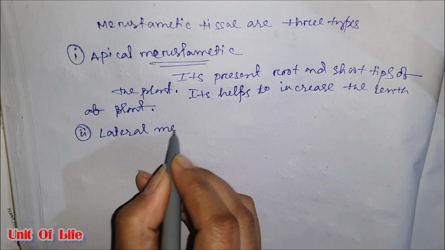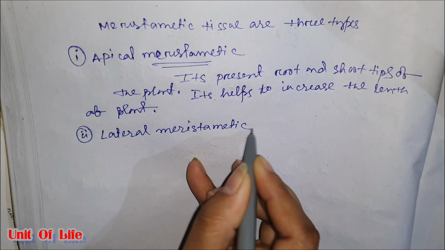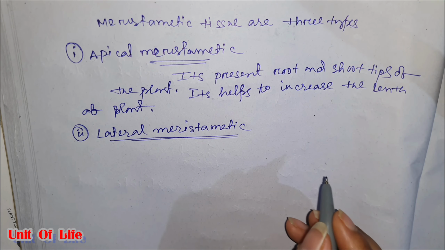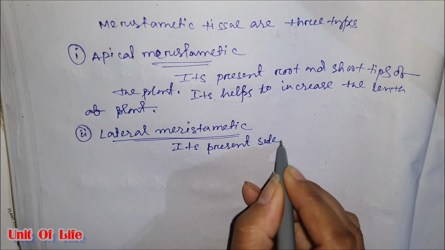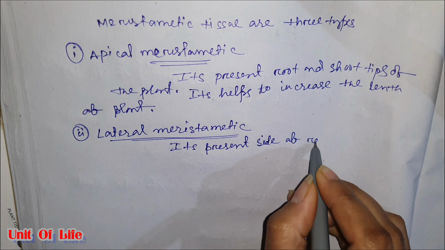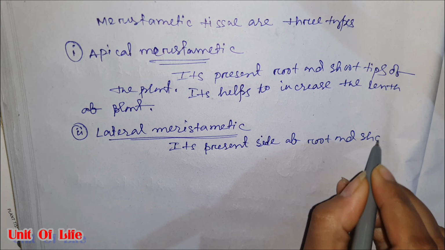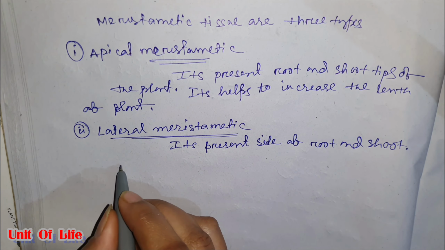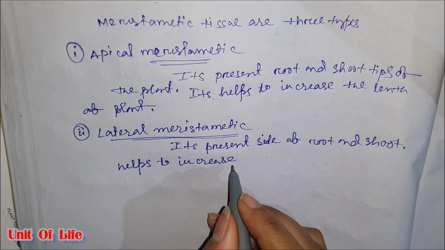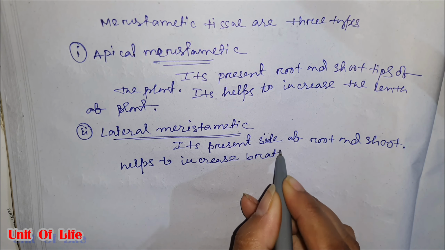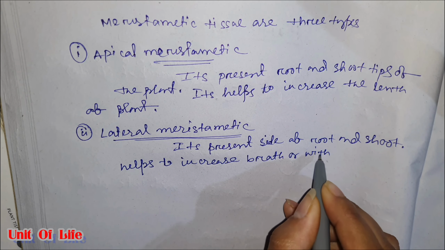The tree gains thickness because of meristematic tissue present on the lateral side of the root and stem. So this tissue is called lateral meristematic tissue, also called cambium.